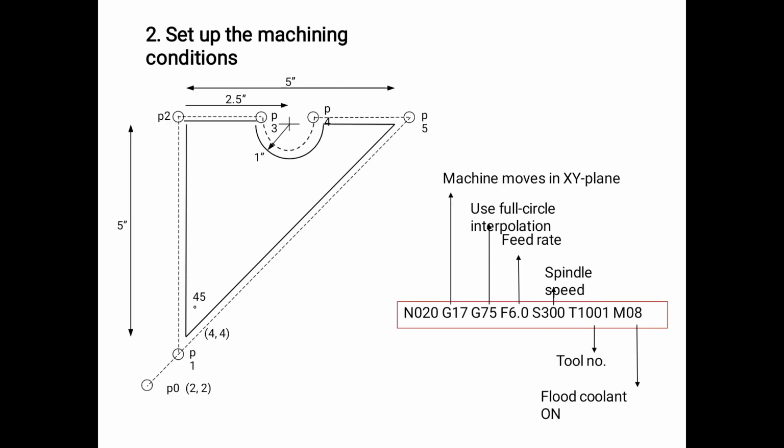Then set the machine coordinates. For movement in the XY plane, G17 is set, and G75 is used for full circle interpolation. F6 is the feed rate, S300 is the spindle speed, T1001 is the tool number, and M08 is coolant on. This is the first point.